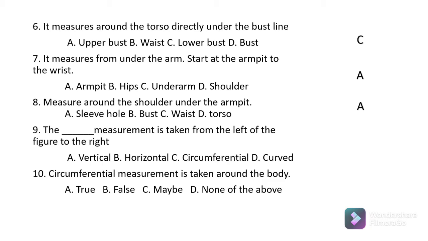The blank measurement taken from the left of the figure to the right is horizontal. And lastly, circumferential measurement is taken around the body. That is true. Did you get it all correct this time?